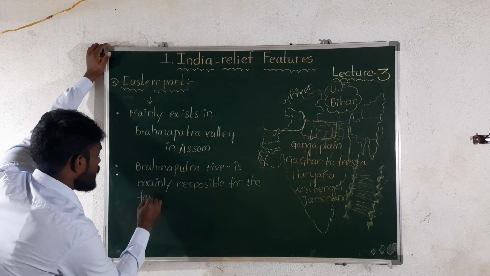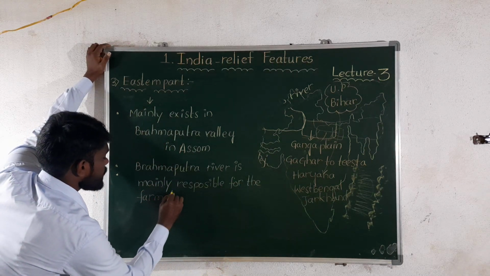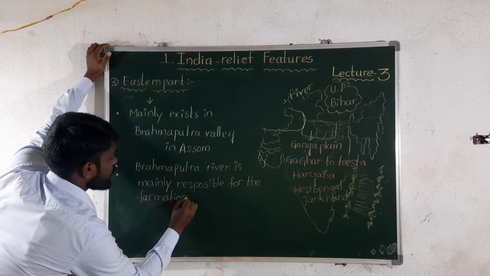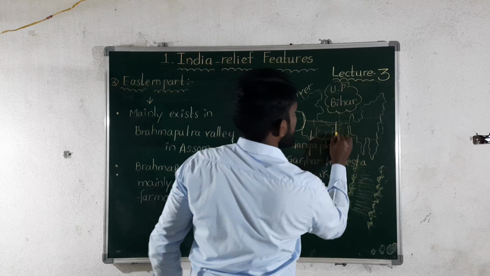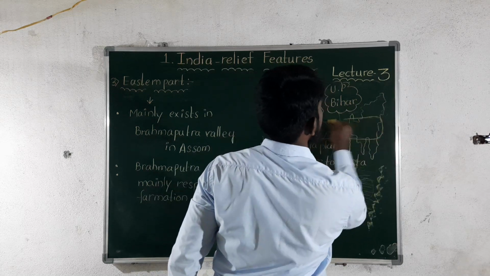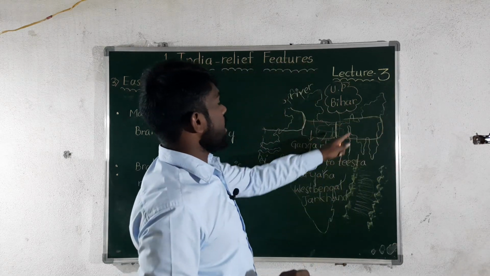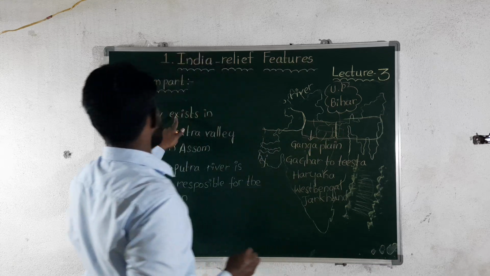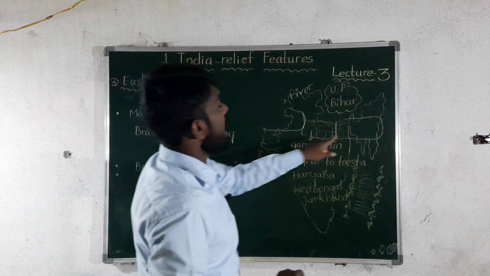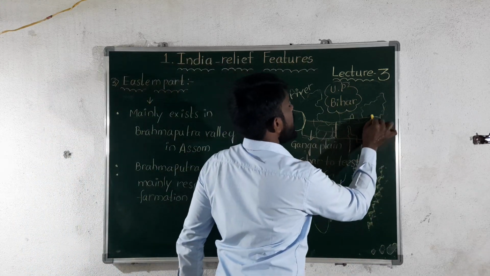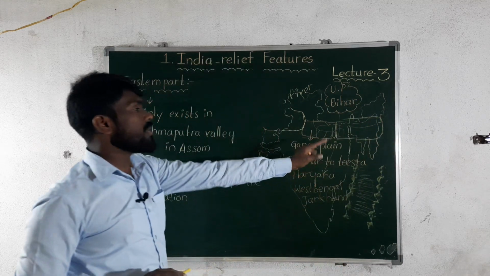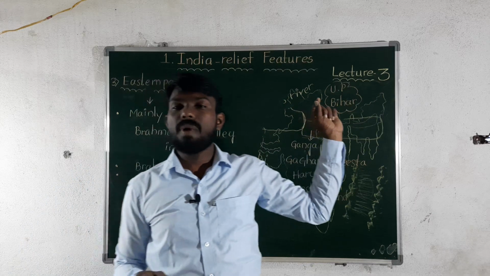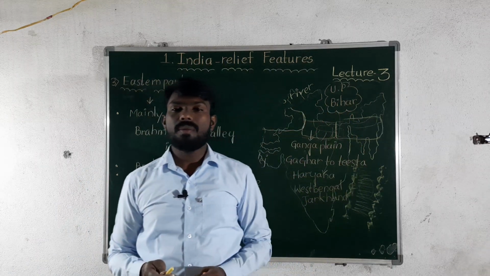This is the eastern part, and it exists in the Brahmaputra Valley of Assam, and the Brahmaputra River is mainly responsible for its formation.